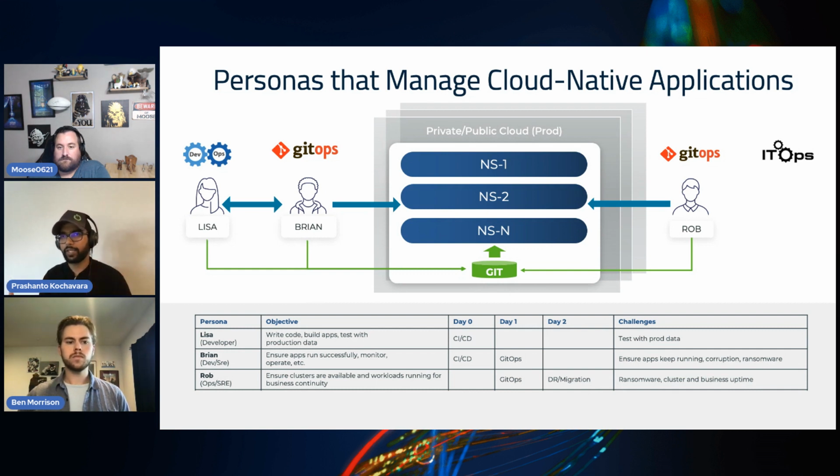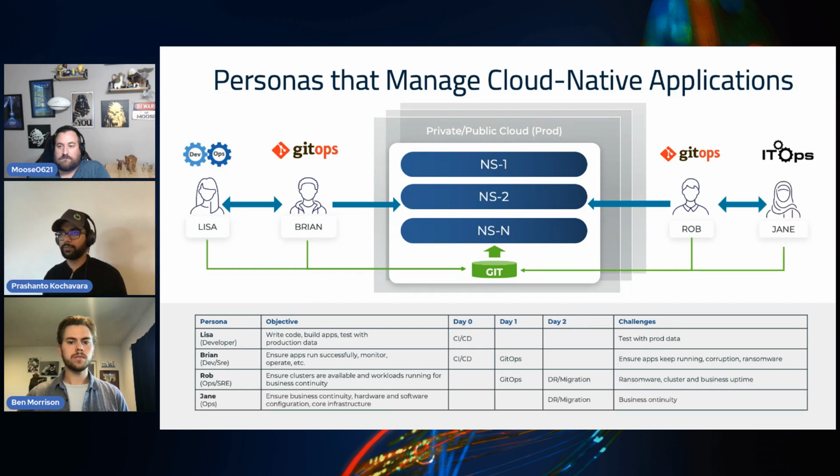So he's thinking more in terms of disaster recovery. Obviously, if any kind of corruptions or security breaches happen around ransomware, recovering from those are the different activities that Rob is looking for.